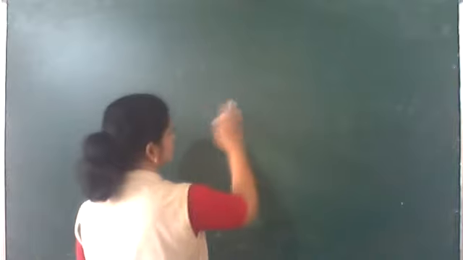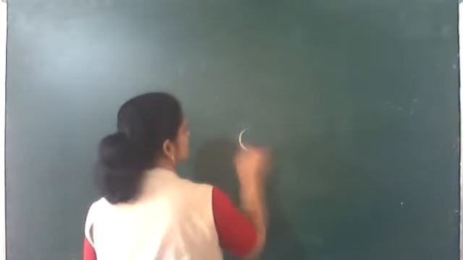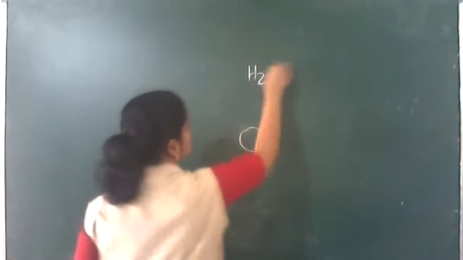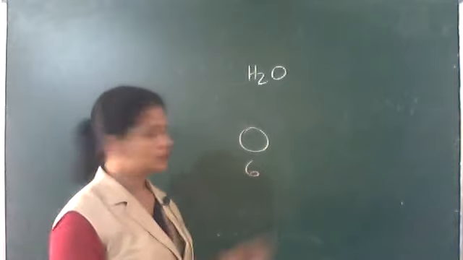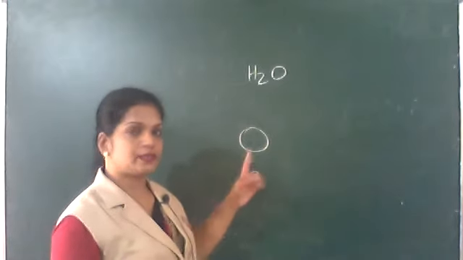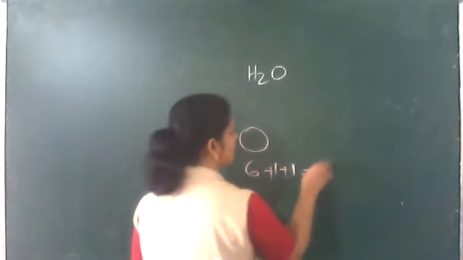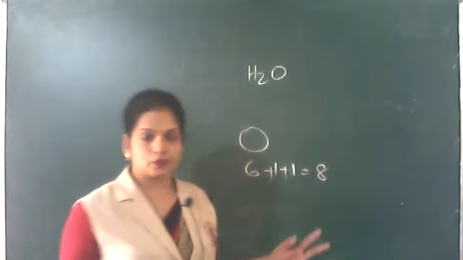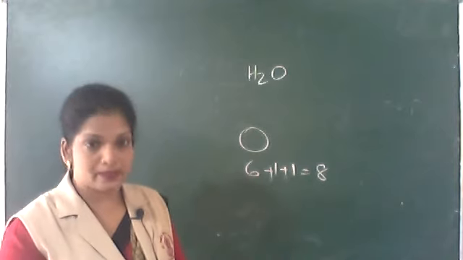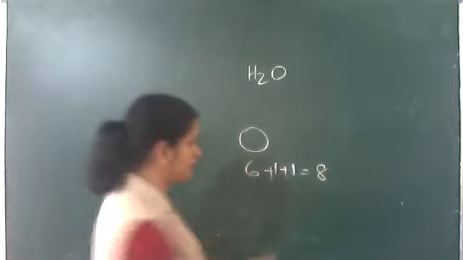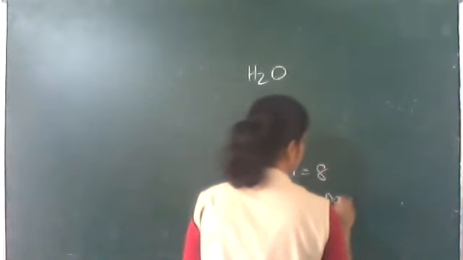Suppose oxygen, how many valence electrons? 6. H2O: 6 electrons from oxygen and 1 electron from each hydrogen. So 6 plus 1 plus 1, 8 electrons. 8 electrons means electron pairs repel each other. So these 8 electrons you should put in pairs. How many pairs? 4 pairs.